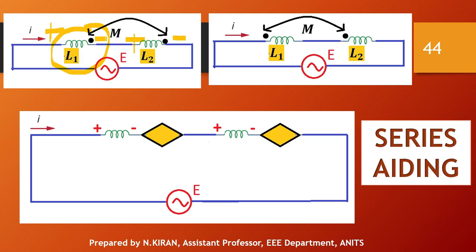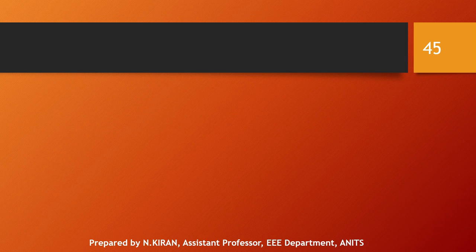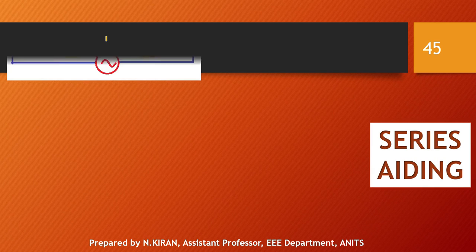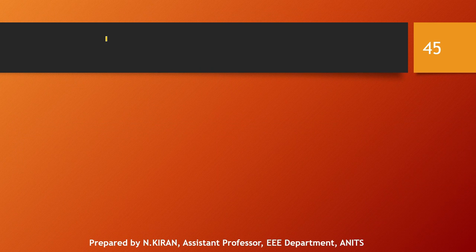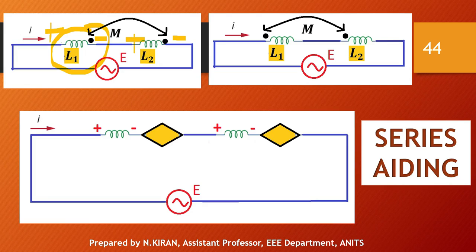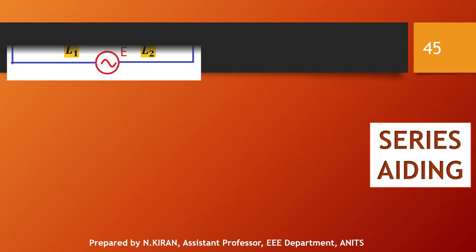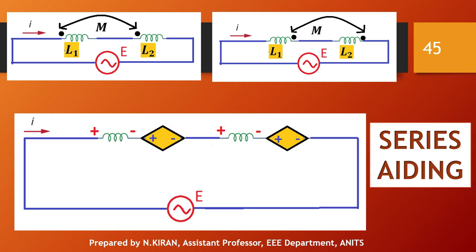So in this case the polarities will be plus minus for the dependent source, positive, negative, positive, negative.